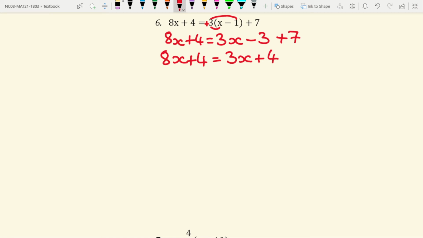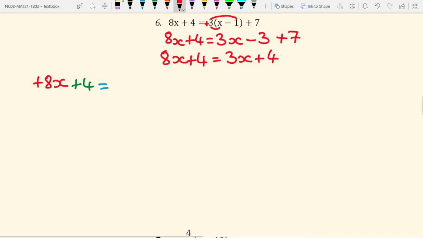So we can combine these two. So the next step will be, we have to identify the terms. So the first term is plus 8x, next is plus 4, is equal to plus 3x. Let me change the color of the pen.